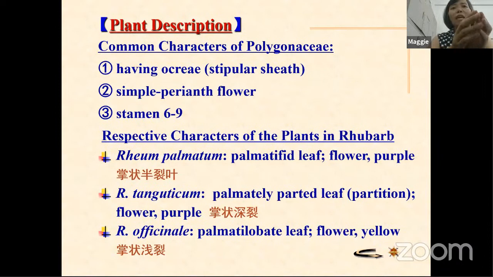So the respective characters of the plants in rhubarb: Rheum palmatum has leaves palmatifid, flower purple. Rheum tanguticum, the leaf is palmately parted, flower purple. Rheum officinale, the leaf is palmately lobed and the flower is yellow.